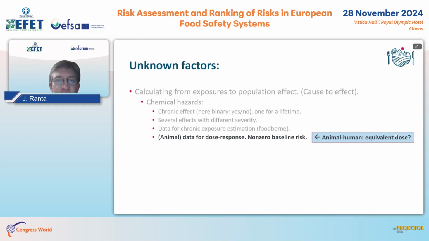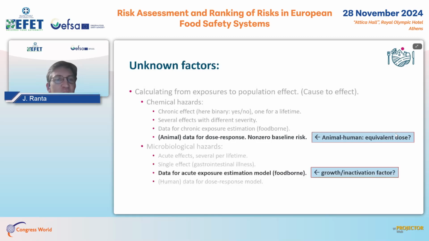There are different ideas and techniques for that, for example some allometric factors to convert the doses so that it would be possible to calculate for humans, even when you have animal dose response data. There's a lot of modeling issues behind this, but for this 15 minutes, I make everything very simple and straightforward. So I'm assuming that there is some way to convert the human equivalent dose from the animal studies.